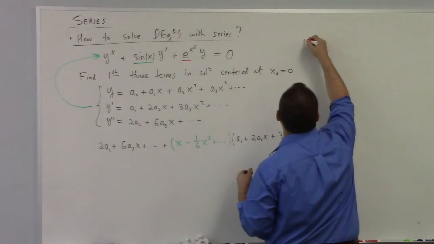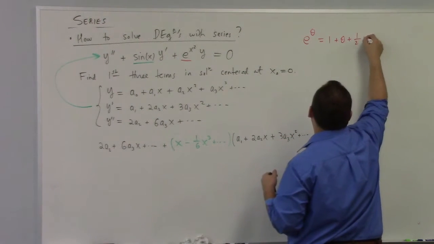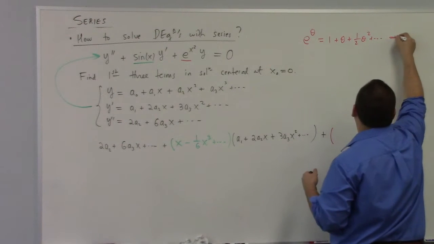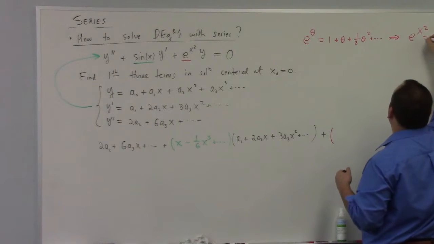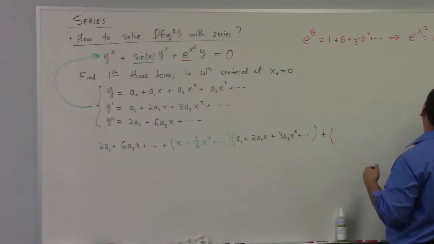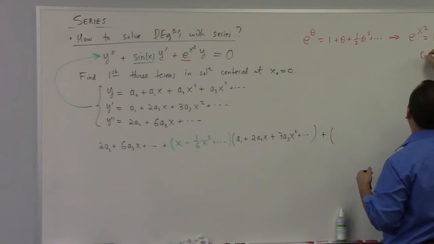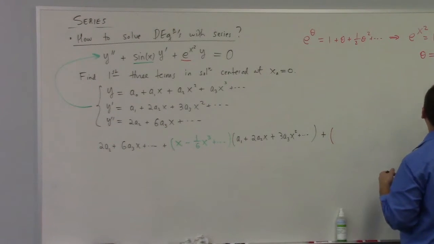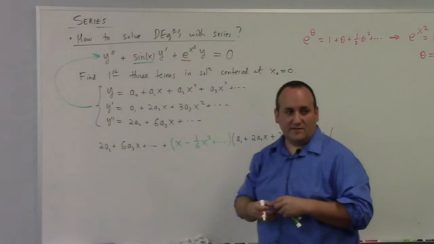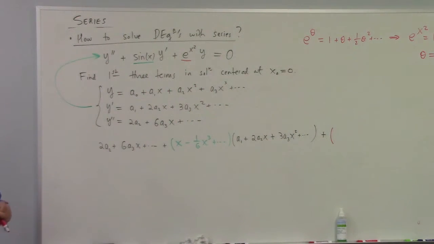Good news. e to the theta equals 1 plus theta plus 1/2 theta squared plus da da da da, which implies that e to the x squared is equal to 1 plus x squared plus 1/4 x to the 4th plus da da da da. Oops, I'm an idiot. There's a half here. You just set theta equal to x squared, right? You make a substitution. Can you substitute into series formulas? Oh, yes, you can. Will I prove that? No, I will not.